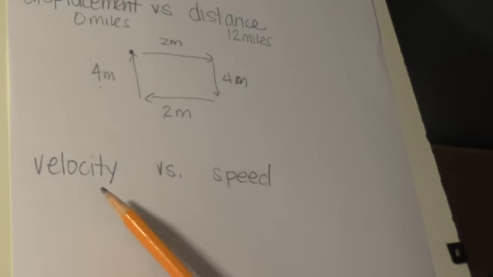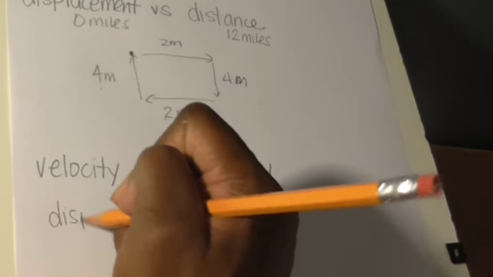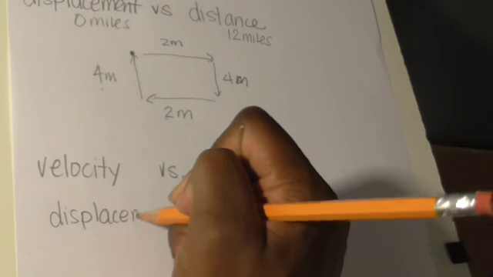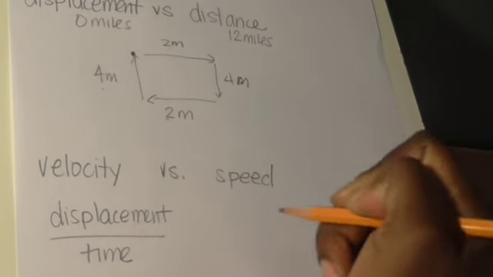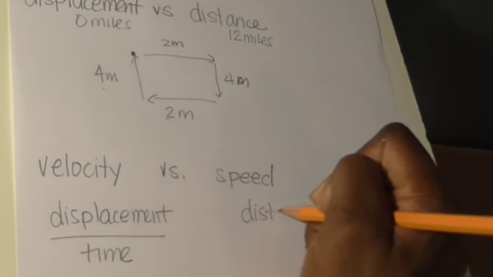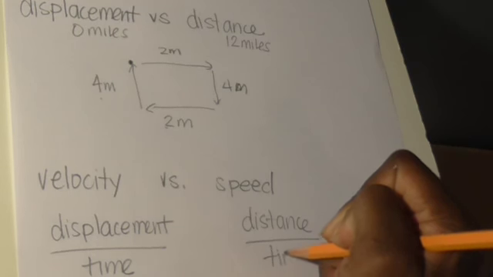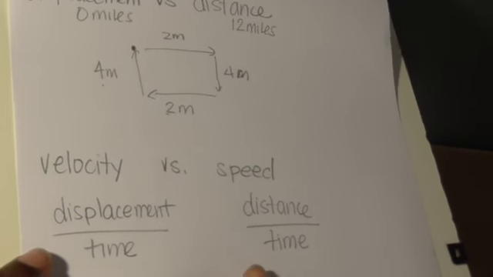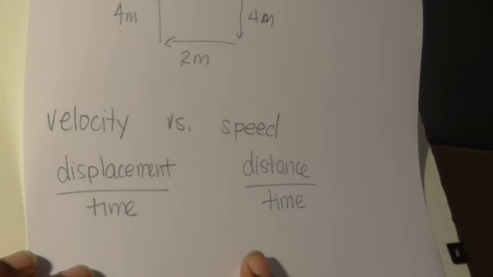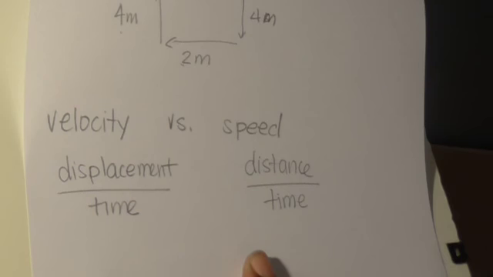So our velocity can actually be positive or negative as well, because velocity is displacement over time, and speed is distance over time. So earlier when I talked about going 60 miles per hour north, if I'm driving 60 miles per hour to the north, that might be considered a positive velocity.